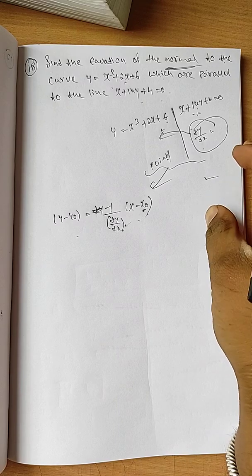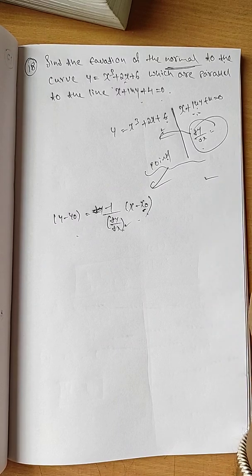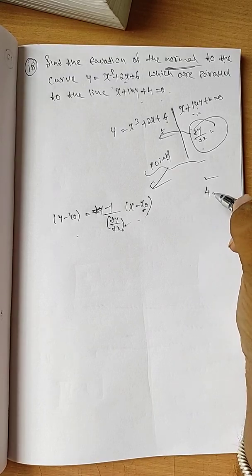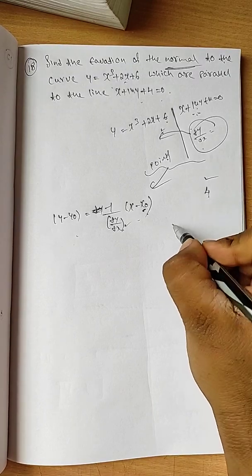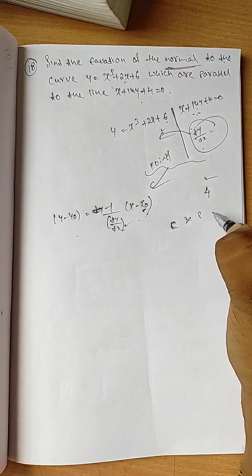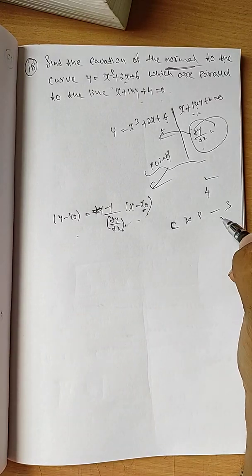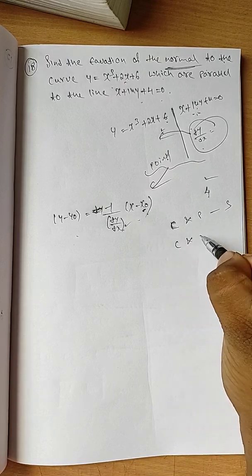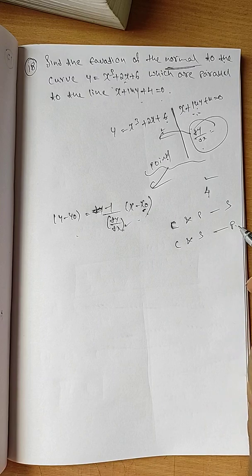So this ends the tangents and normal. Okay? In the tangents and normal, we did 4 types of problems. The first type of problem, the curve and point is given, you are finding the slope. Next, curve and slope is given, we are finding the point.